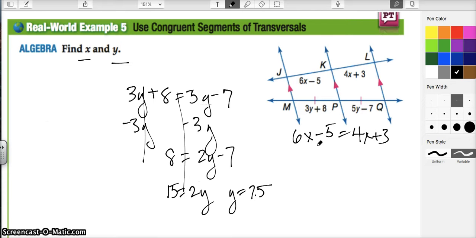On this side, we subtract 4x from both sides to get 2x minus 5 is equal to 3. We add 5 to both sides to get 8, divide both sides by 2, and finally we get that x is equal to 4. So y is equal to 7.5 and x is equal to 4.